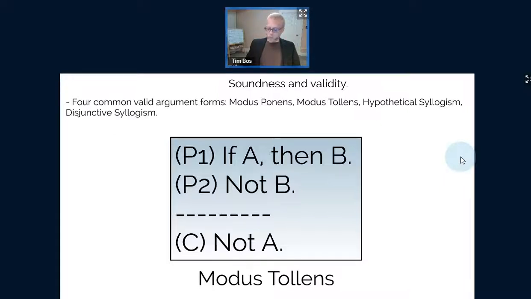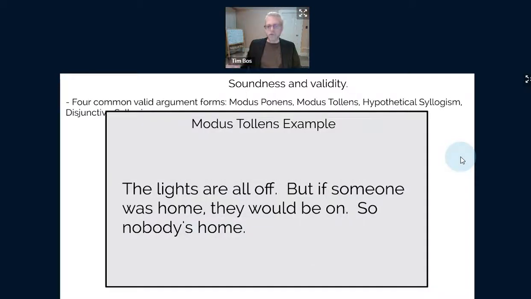Okay, so that's a modus tollens. So here's an example. Again, trying to figure out validity. Your question is, if I imagine all the premises to be true, could the conclusion possibly be false? So let's suppose it's true that the lights are all off in someone's house. And then let's suppose that if someone was home, they would be on.